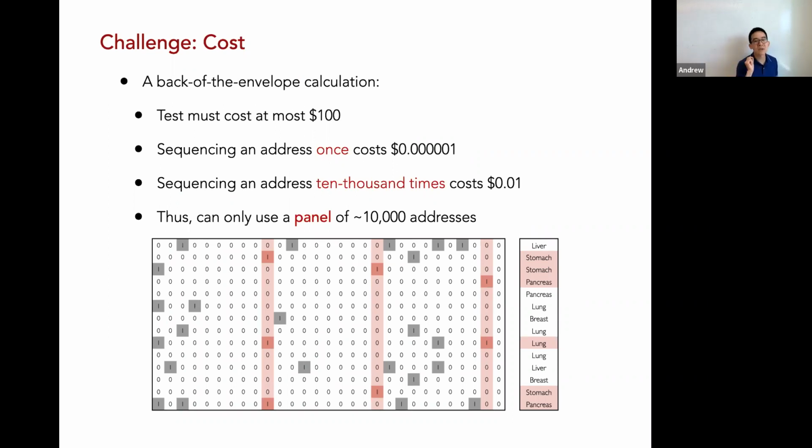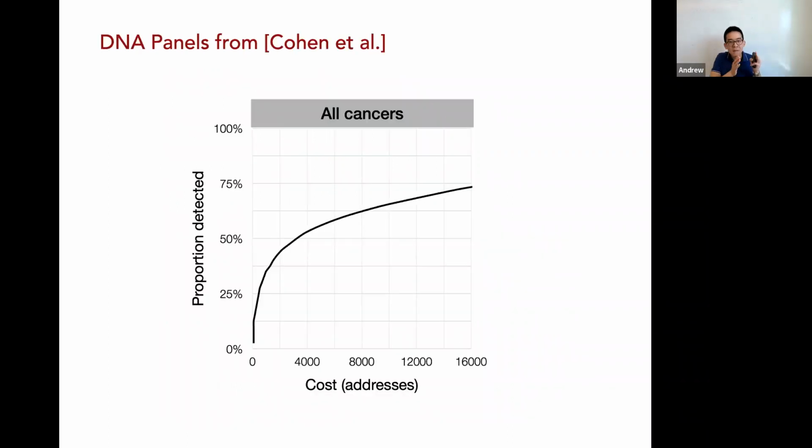It's in a database called Cosmic, and you can challenge yourself to the following game. For whatever budget of columns or addresses that you want to look at, you want to detect the number of rows, that is tumors, that you would have identified.